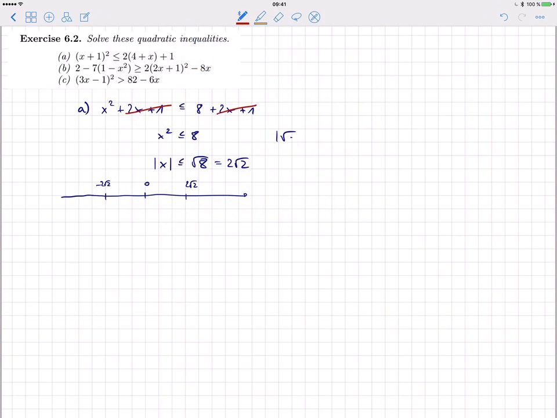We're looking for numbers that are 2 times the square root of 2 or less, but in the negative, the opposite of 2 square root of 2 is the limit. Any number that is out here has as its square a positive number larger than 8.